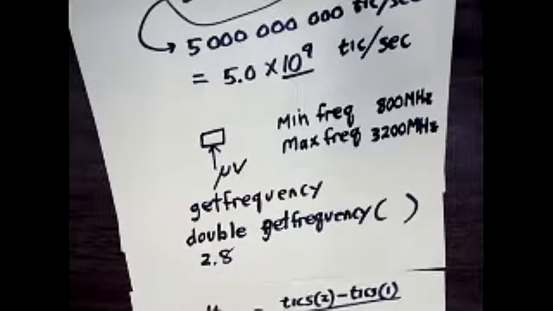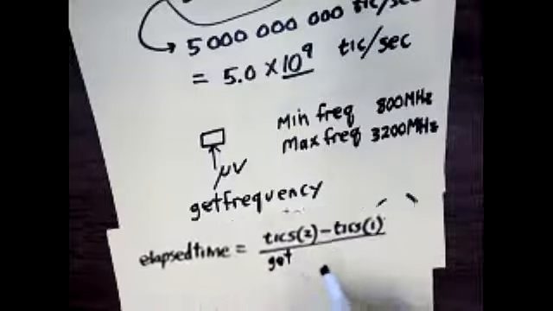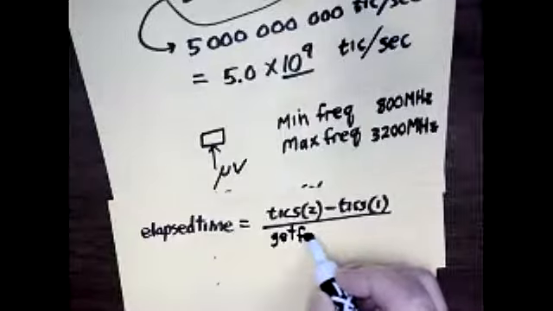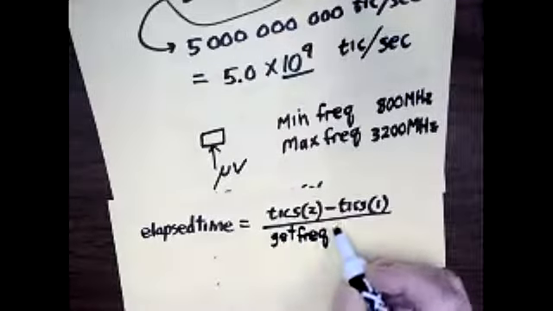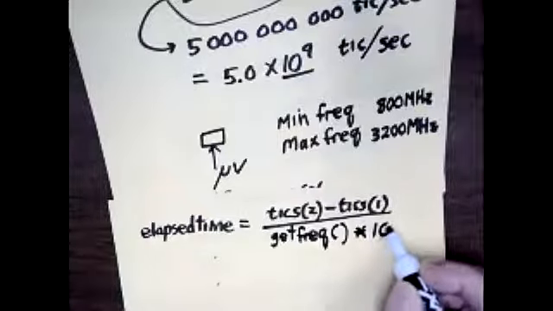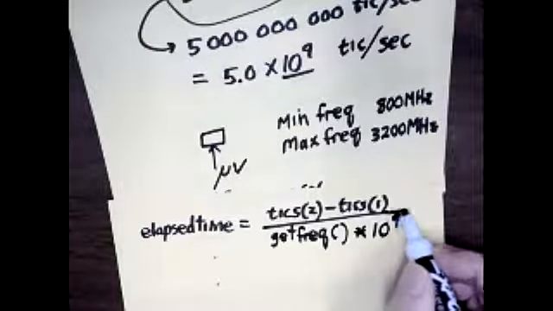So you have to divide by get frequency times 10 to the 9. Okay.